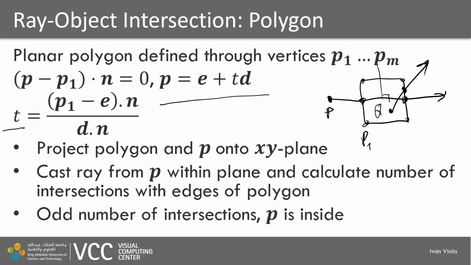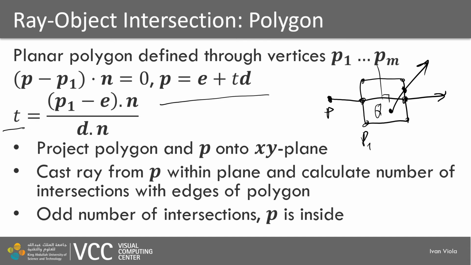To simplify this in 3D space, we can simply project the point and the polygon onto a 2D plane. Hopefully the polygon will not result in just a single line, that is, it will not be parallel to the other planes, the x, sorry, yz or xz planes.